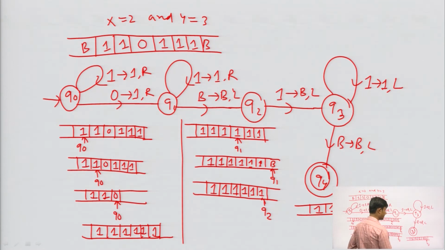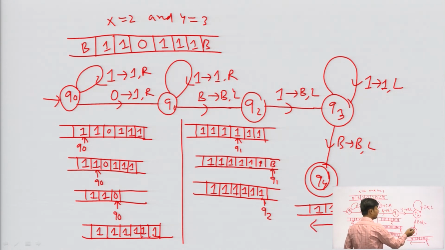Now check your tape: for all 1s in Q3 there is a loop, Q3 reads 1, writes 1, and moves left.